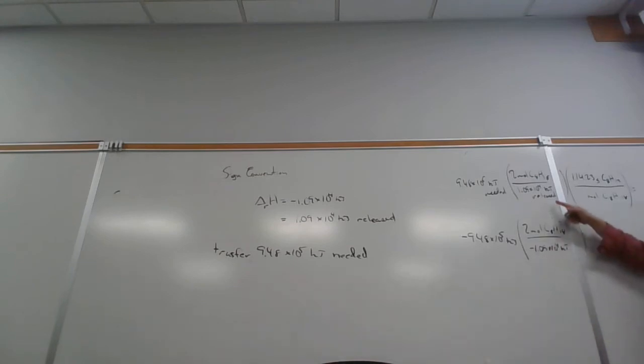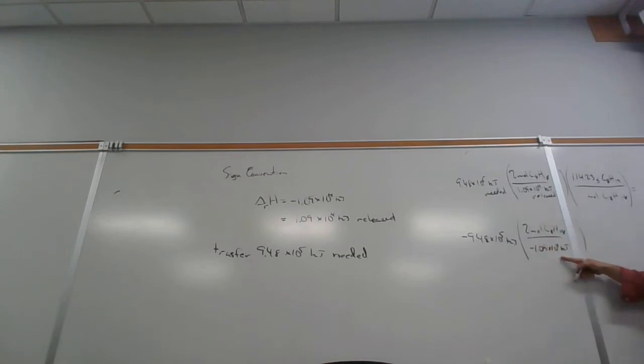Here I don't need to put released because the negative sign tells me that. A positive sign means it's going to be consumed. Negative sign means it will be produced. Times 114.23 grams of C8H18 per mole of C8H18.